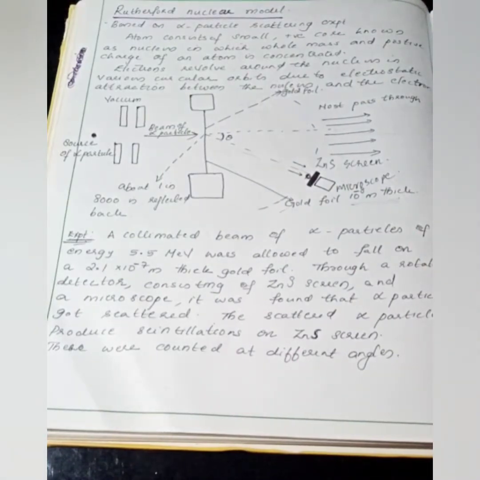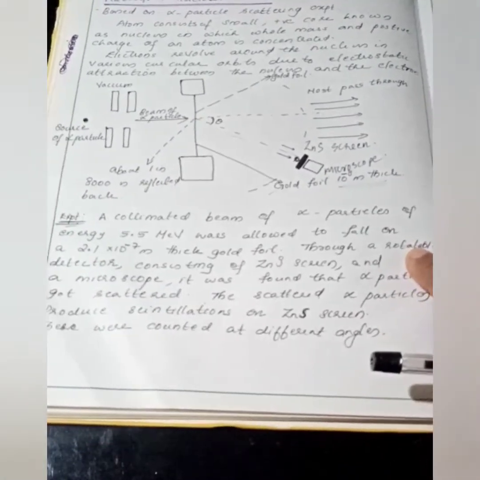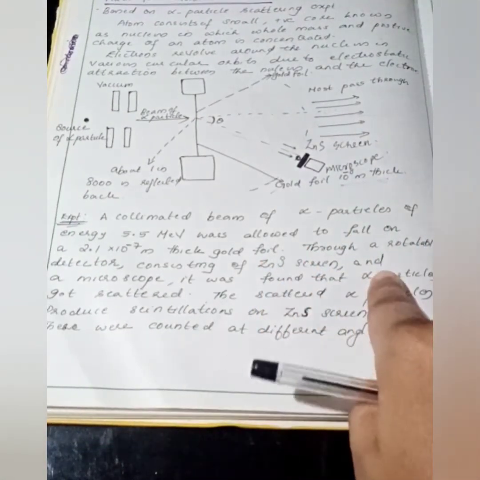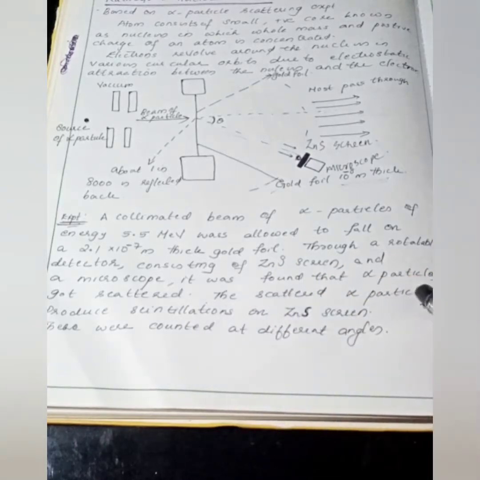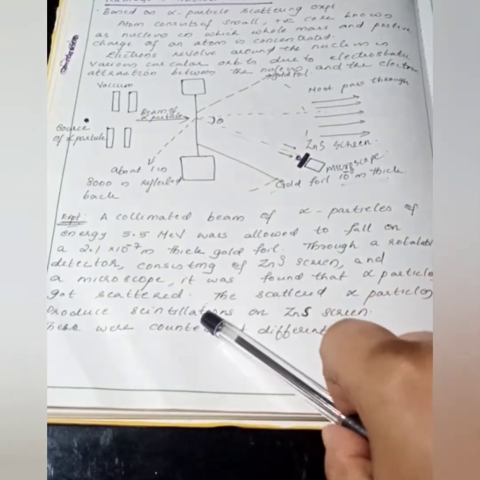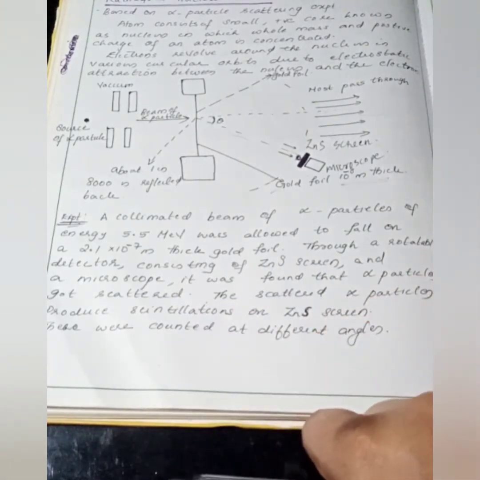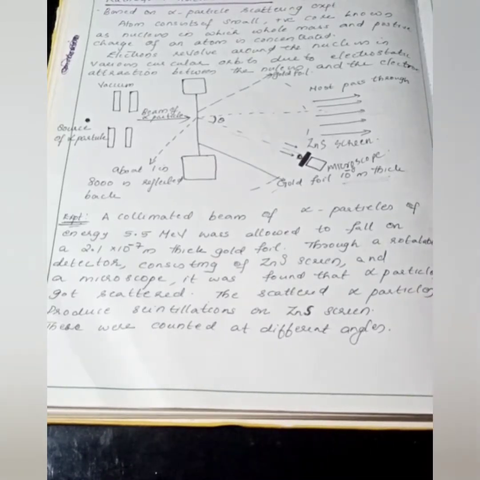Through a rotatable detector consisting of a ZnS screen and microscope, it was found that alpha particles got scattered. The scattered alpha particles produce scintillations on the ZnS screen, and these were counted at different angles.